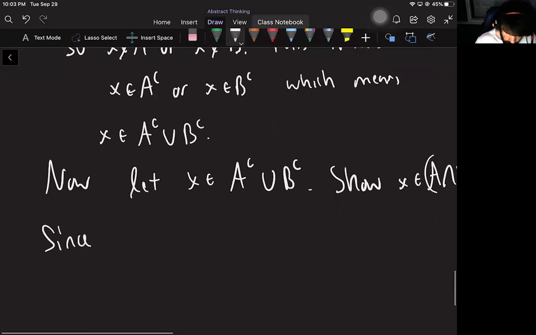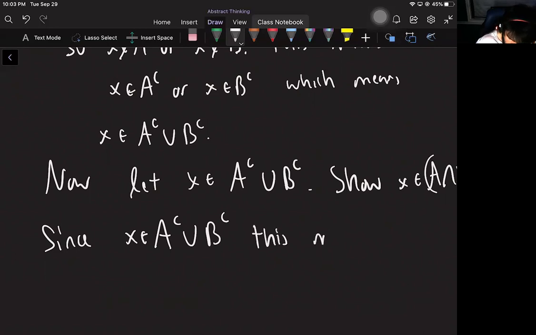It's just going to be the same proof but backwards, really. So since X is in here, this means, it's literally going to be the same proof backwards, that X is not in A, or X is not in B.